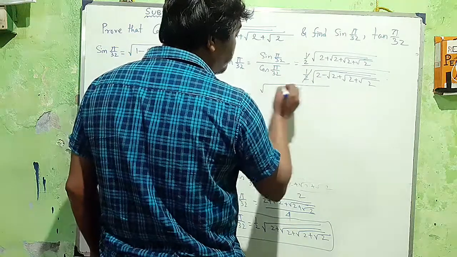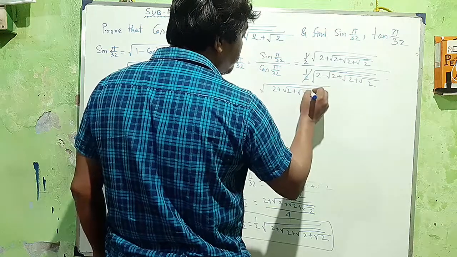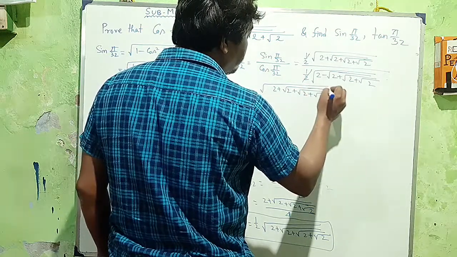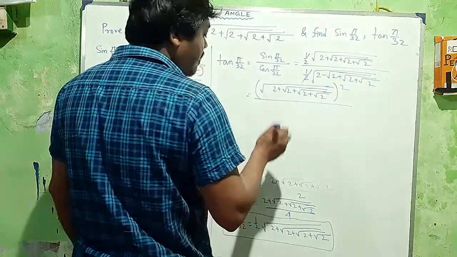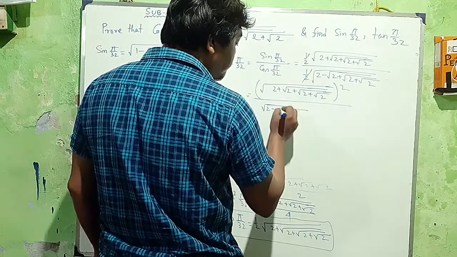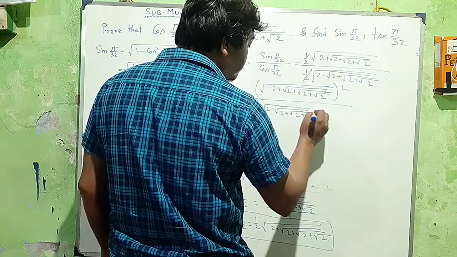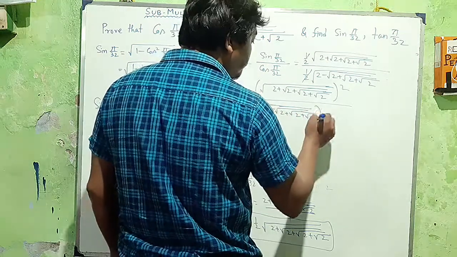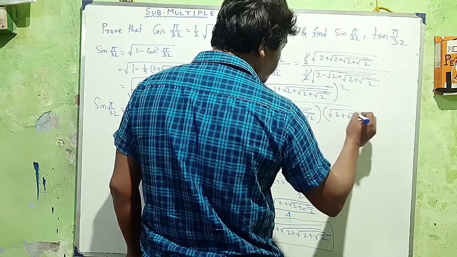So square root of 2 plus square root of 2 plus square root of 2, that whole square, by square root of 2 minus square root of 2 plus square root of 2 plus square root of 2 into square root of 2 plus 2.